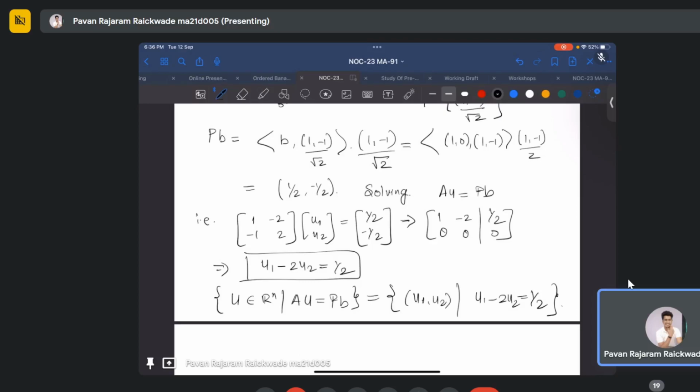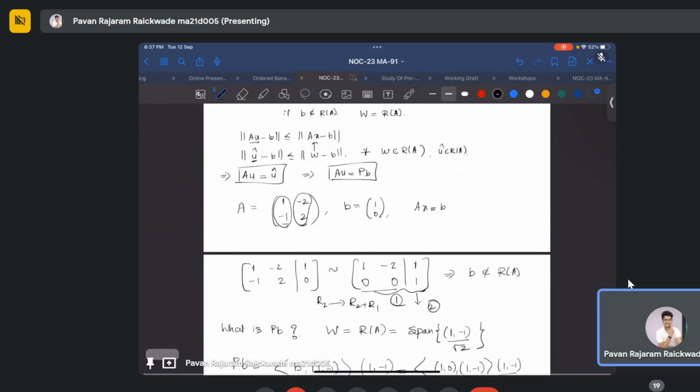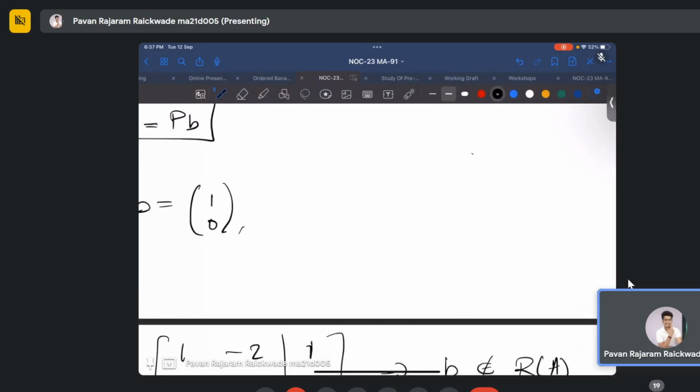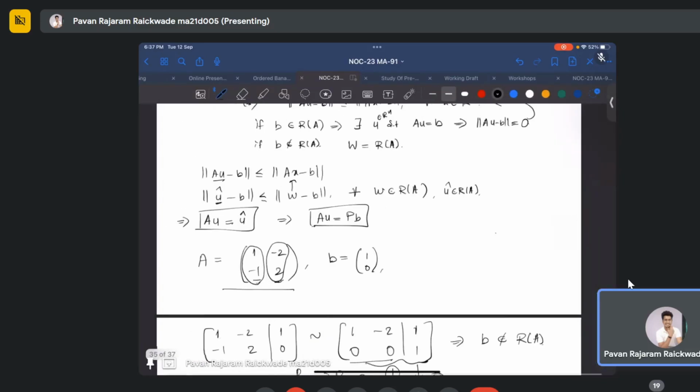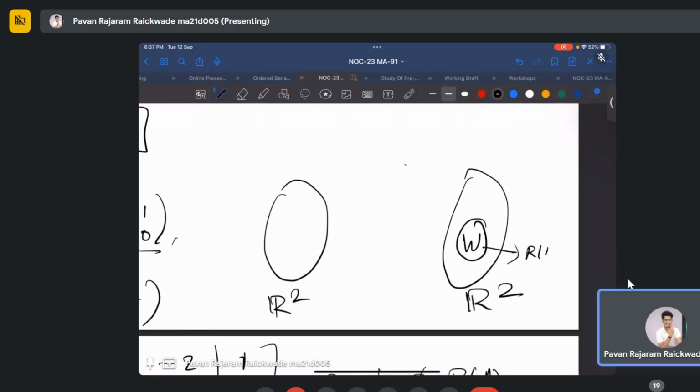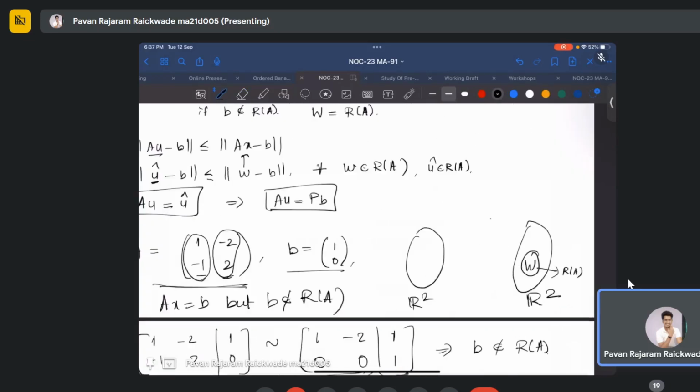What we did, if I do a recap, this was my A. This is A, this is B. I want to solve the system AX equals B, but B does not belong to the range of A. Pictorially, we have here R2, here also R2, and the range W is this guy here, which is the span of 1 1, or I'll call it range of A, and my element B belongs here, 1 comma 0, right?